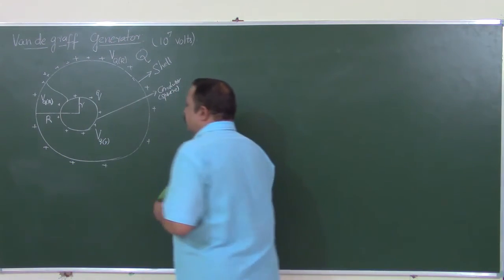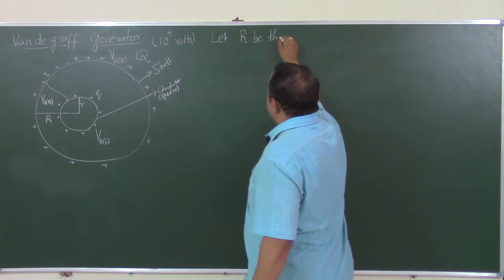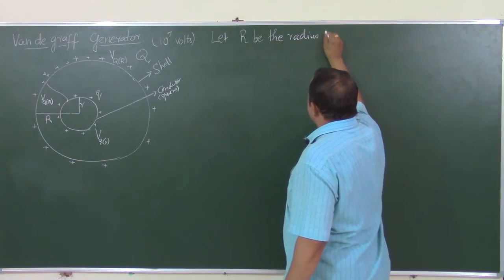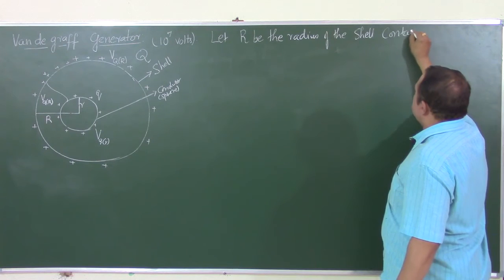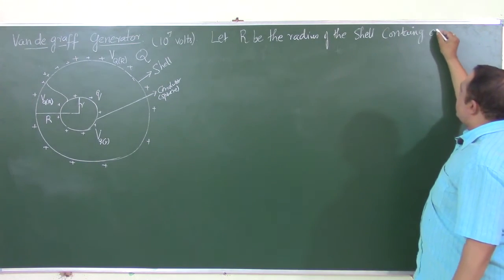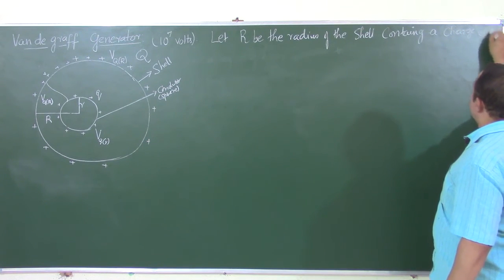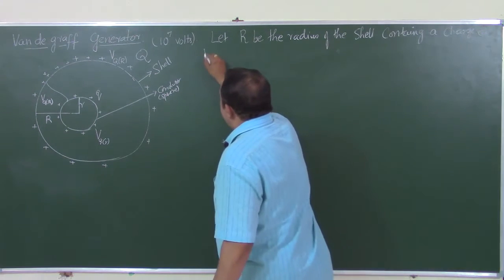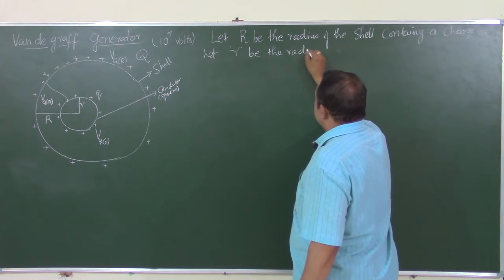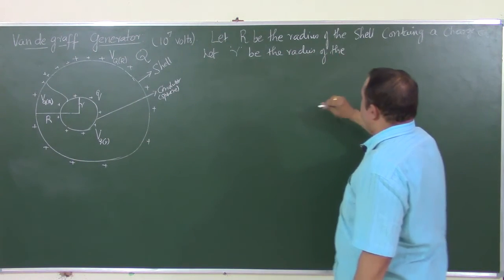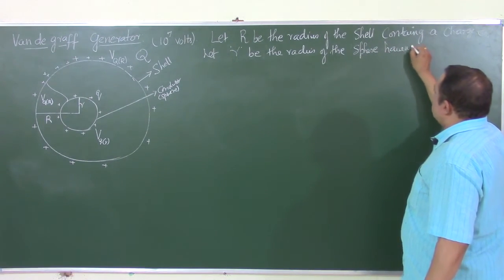Okay. So we shall now write: let capital R be the radius of the shell containing a charge plus Q, or simply Q. Similarly, let small r be the radius of the conductor, or sphere, having a charge.